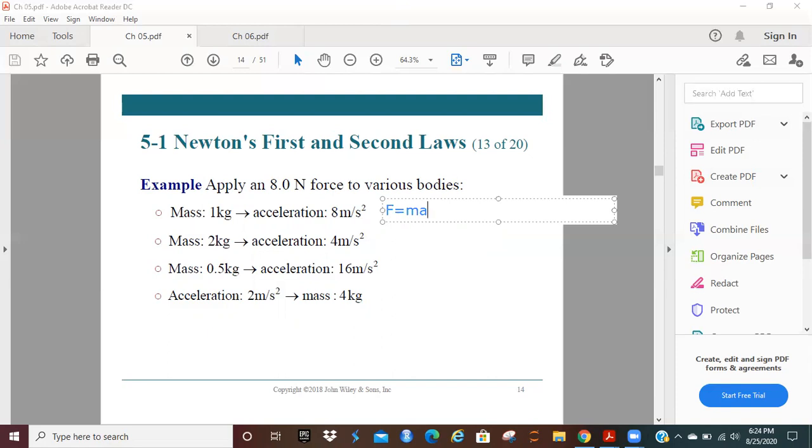So let's take a look at the first problem. I know that the force being applied is 8 newtons. I know that the mass that I have is going to be 1 kilogram. I also know that's going to be multiplied by the acceleration. So if I solve for A, I get 8 newtons divided by 1 kilogram.